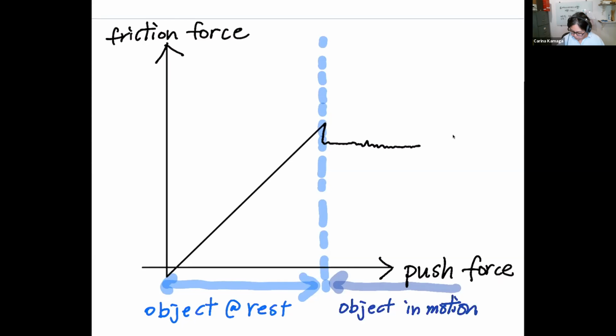Here, when the object is at rest, the friction force applied on the object at rest, we call static friction.